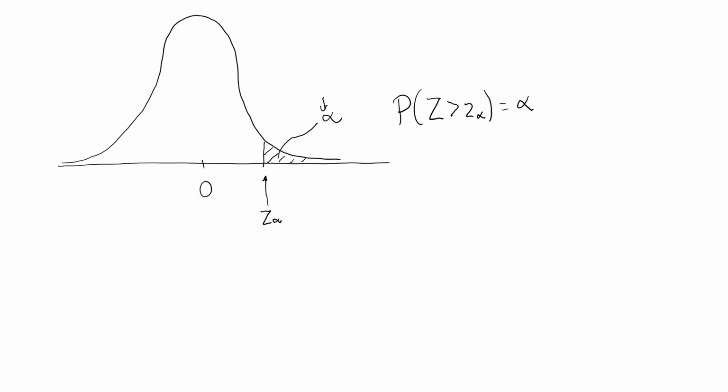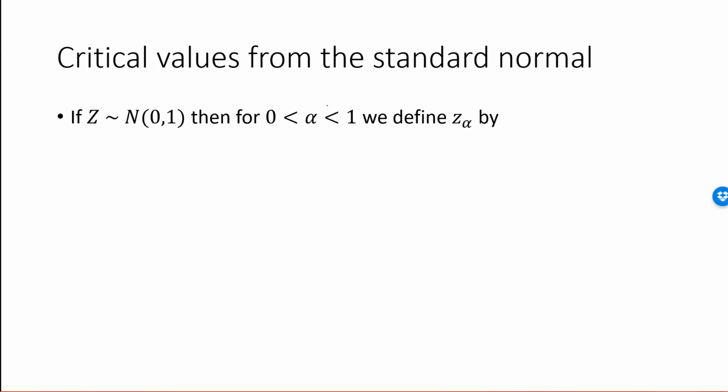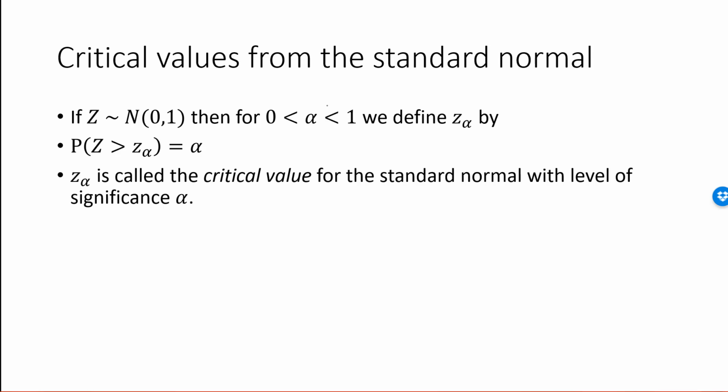So let's summarize this. If z follows a standard normal distribution, then for any alpha between 0 and 1, we define the critical value z alpha according to this formula: the probability that z is greater than z alpha should be alpha. And z alpha is called a critical value for the standard normal with level of significance alpha.